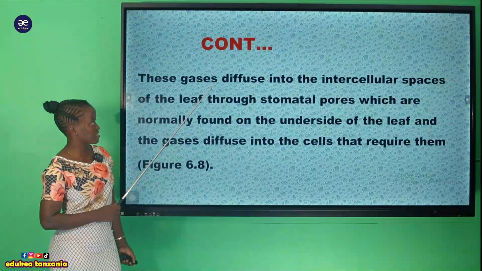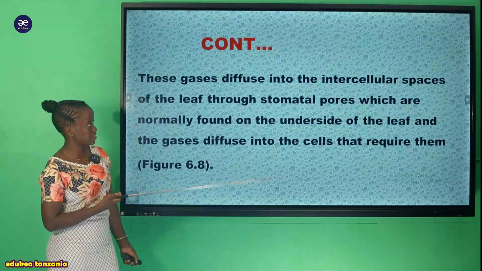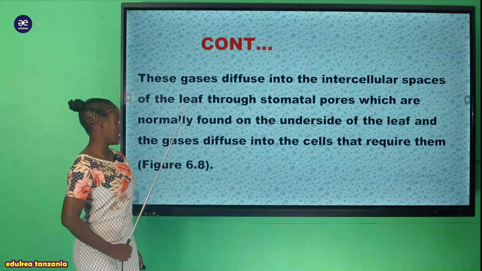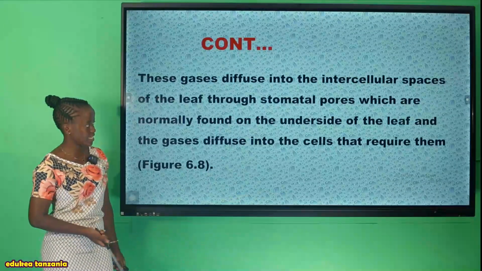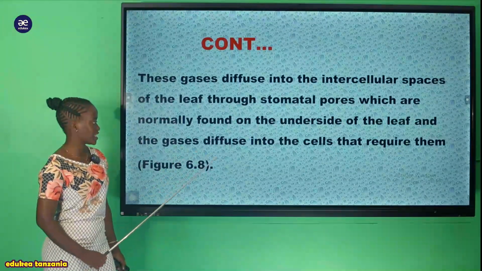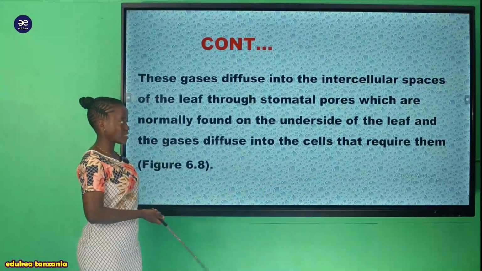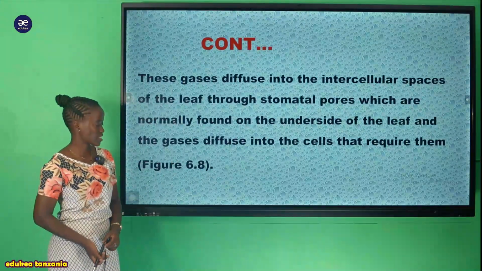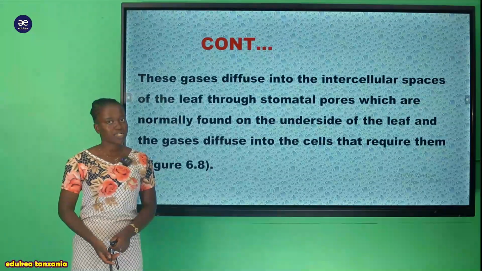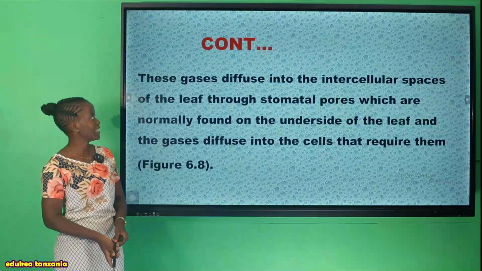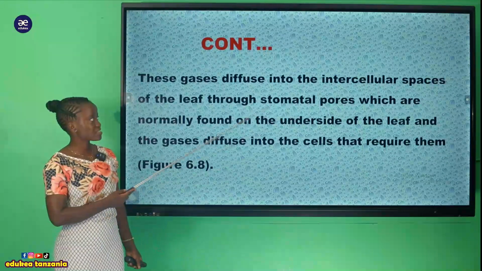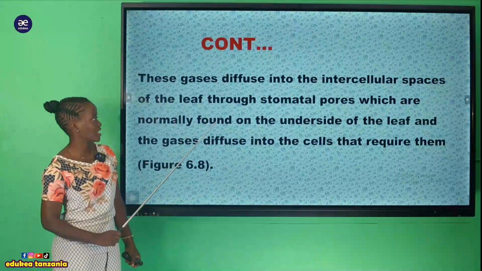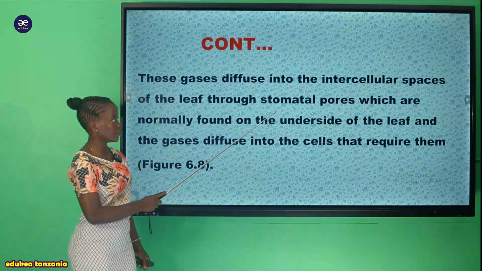And also these gases diffuse into the intercellular spaces of the leaf through the stomatopores, which are normally found on the underside of the leaf, and the gases diffuse into the cells that require them. We're going to see that in figure 6.8. So what does that mean? Here we have said that the gases just diffuse into the intercellular spaces of a leaf through a stomatopore.